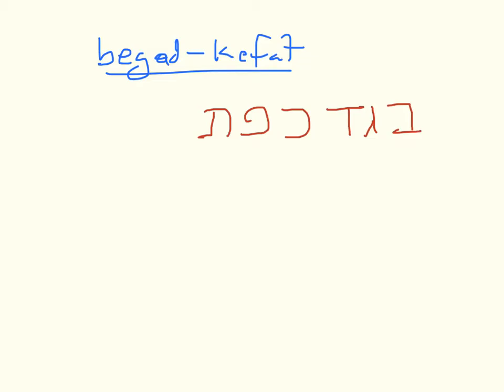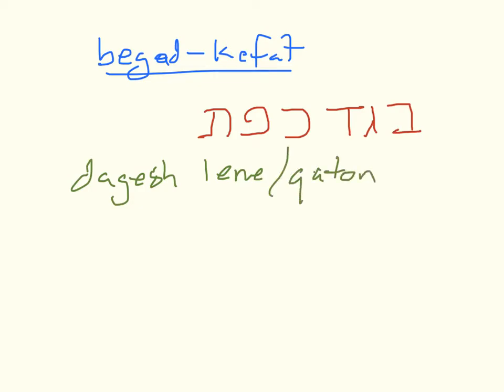Now, what makes a Begad-kephat letter what it is is that they can take a Dagesh lennae. There are two kinds of Dageshim. There's the so-called Dagesh lennae, or Dagesh katon. That's the small Dagesh.